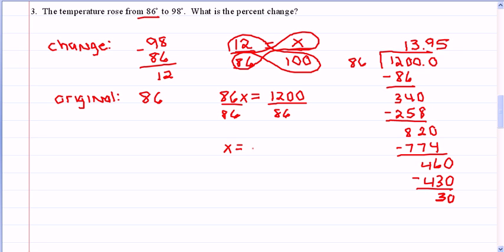So if 13.95 is the answer that I get to division, if I round this to the nearest tenth, the 5 will increase a 9 to 0, and then the 3 to a 4. So x is equal to 14.0%.